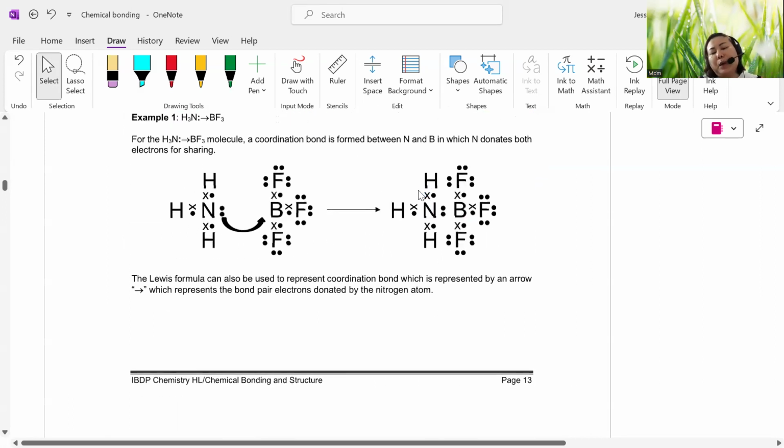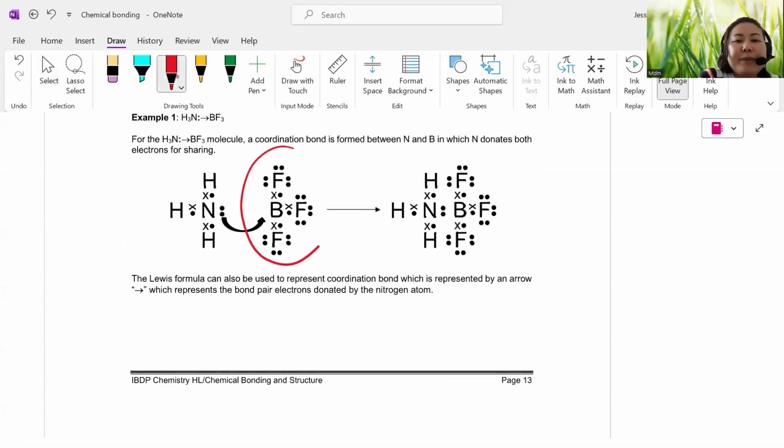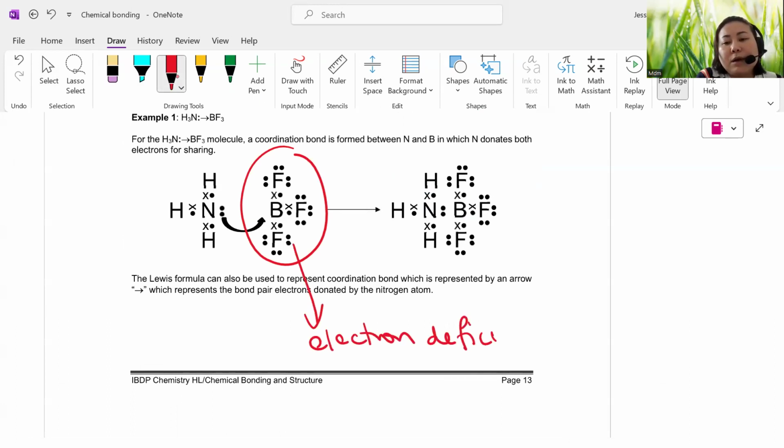Now, often when we form a coordination bond, the purpose of forming it is to allow the structure to achieve a stable octet configuration. So in this case, we have BF3, which is electron deficient. Why is it electron deficient? Because it has only 6 electrons after bonding. And the other molecule, ammonia, has a lone pair of electrons.